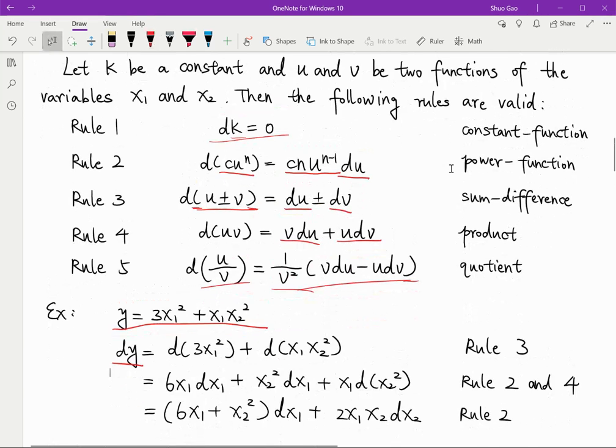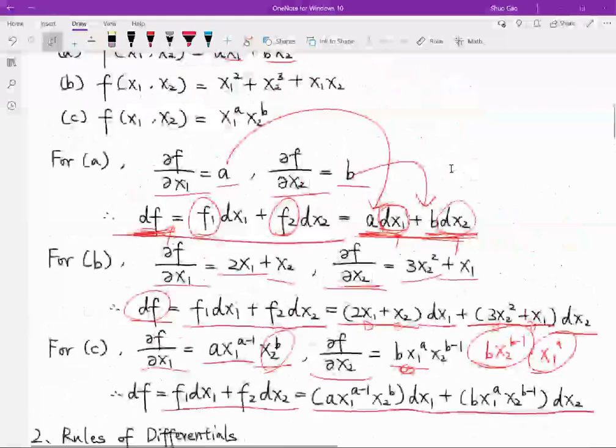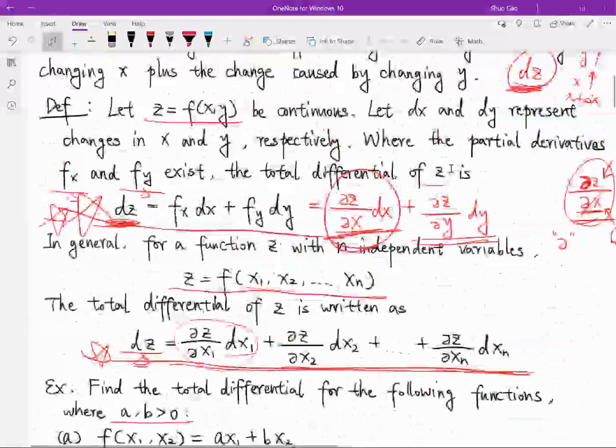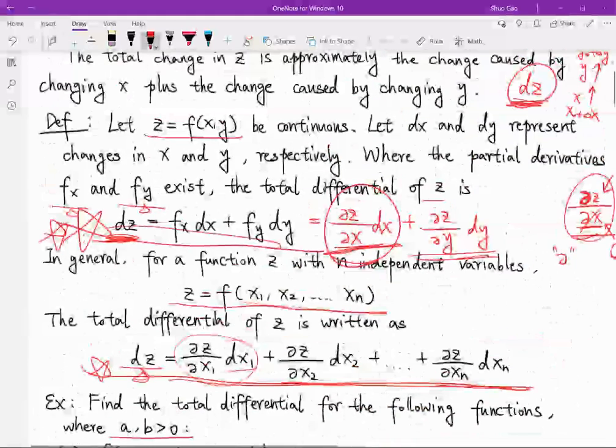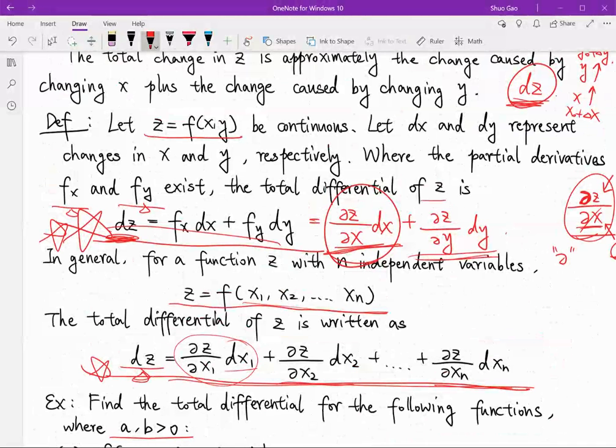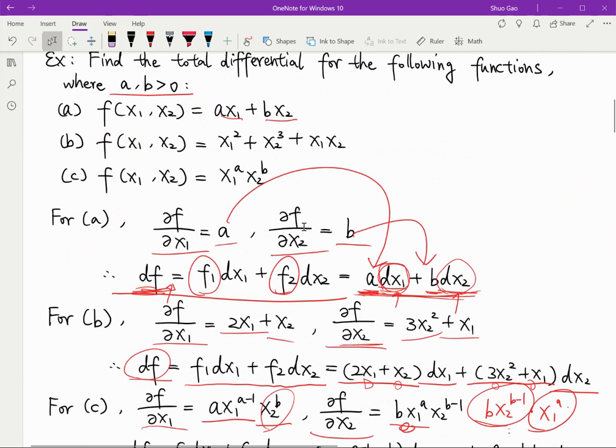The first way to find dy is to apply the total differential function like this. We first find the partial y over partial x1, and then the partial y over partial x2, and then multiply by dx1 and dx2 respectively, and then add them together. Right, so this is the formula we talked about here.